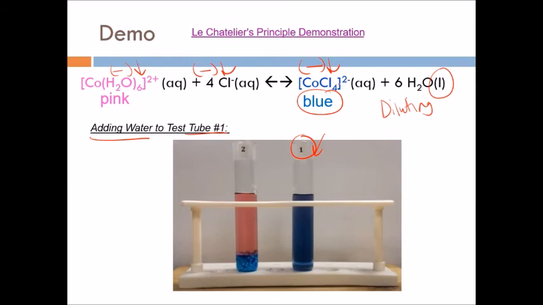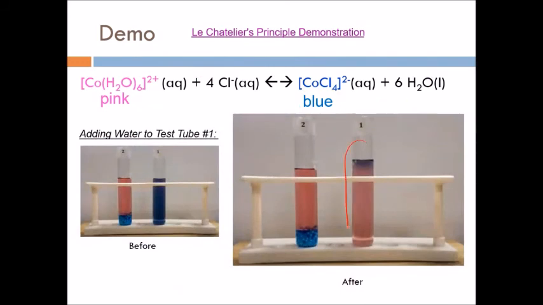Now what happens though is the concentrations of these decrease faster than this one. It's like these two are being removed at a higher amount than the concentration of the blue. So it's going to shift to the left. And as you can see, it turned back to the pink color. So it shifted left towards the reactants because by decreasing the concentration, these were essentially being removed at a faster rate.